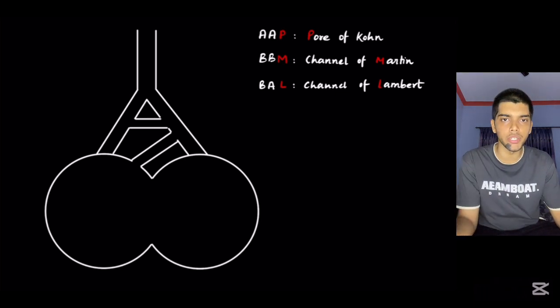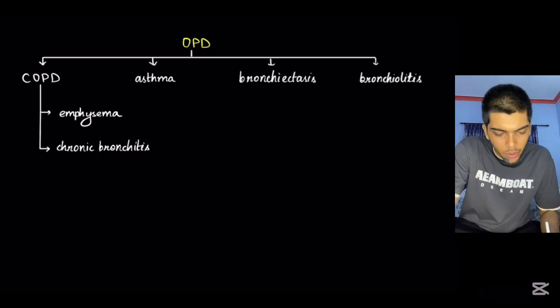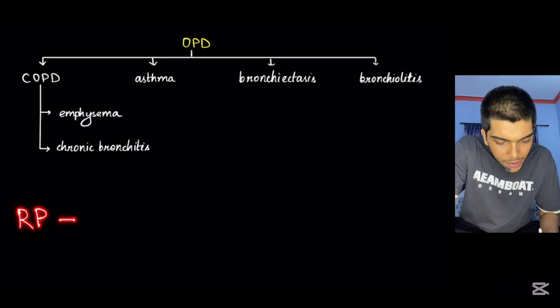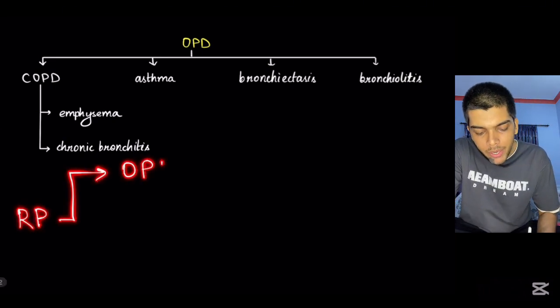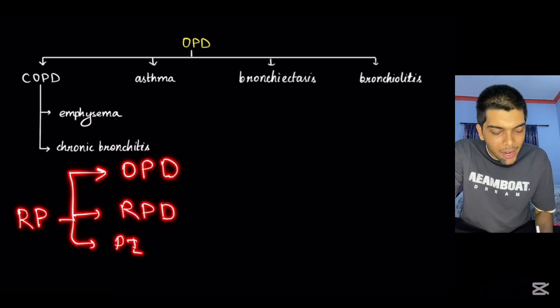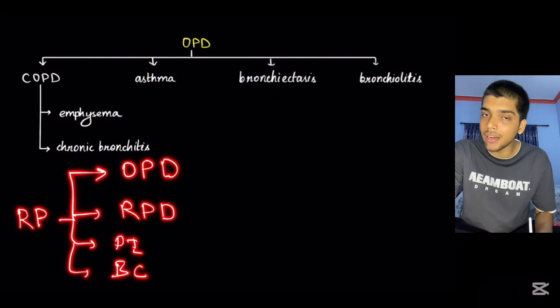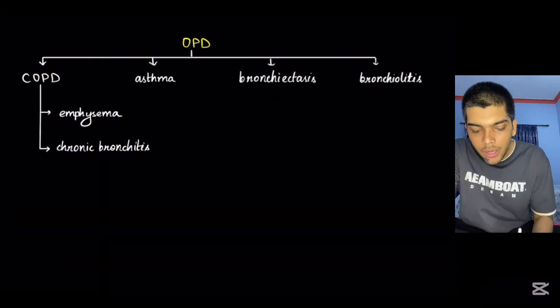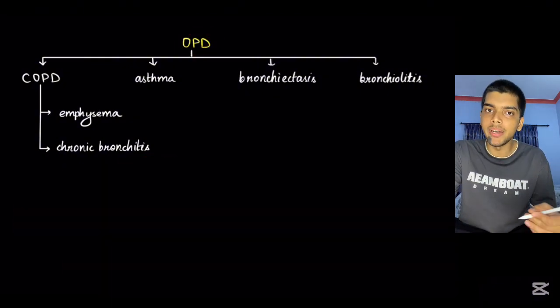Now the pathologies. Under respiratory pathology, we are going to look at the obstructive pulmonary disease, the restrictive pulmonary disease, the pulmonary infection, and finally the bronchogenic carcinoma. Starting off with obstructive pulmonary disease.